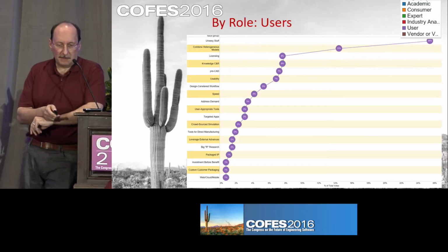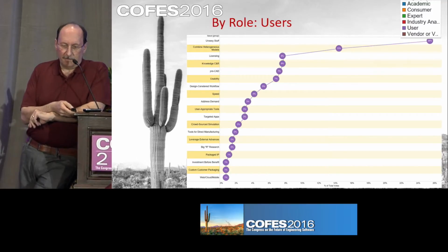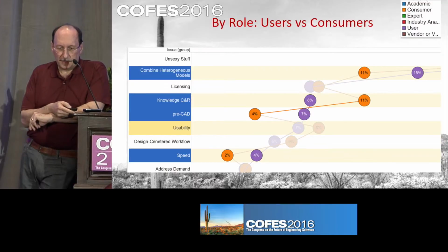And if we look at that, let's look at the user view, and let's compare that to those that are consuming the data. These are the areas where the users and the consumers of the data have different preferences. The users are much more interested in getting the data up front, in front of CAD.